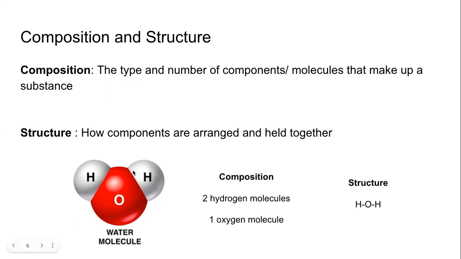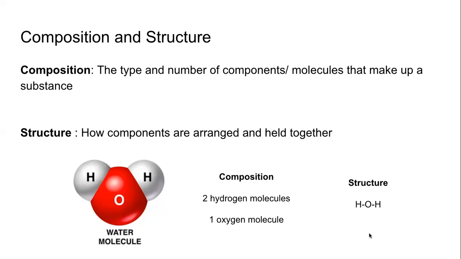You can see that the composition of water is 2 hydrogen molecules, which are denoted by these white blobs here, and then 1 oxygen molecule, which is the big red circle here. But then when we talk about structure, we're going to actually talk about how those atoms are arranged and held together.